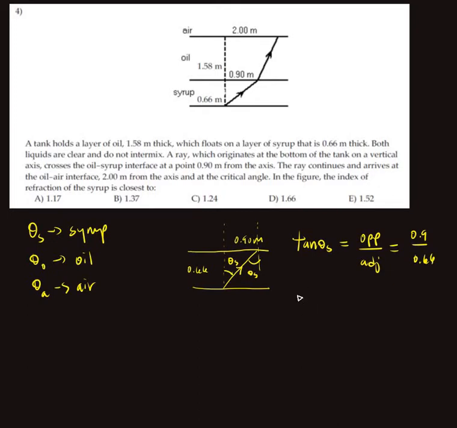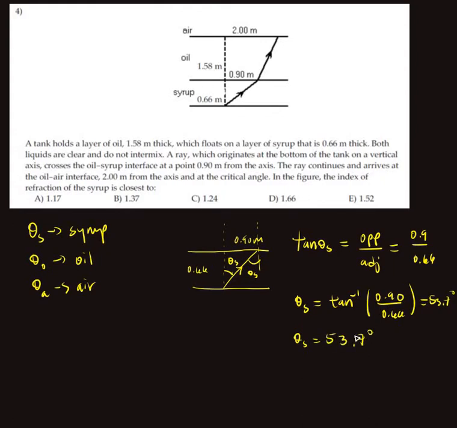So in order to find the angle, you use tangent inverse of 0.90. Oh, it's 90, I'm sorry, divided by 66, 0.66. And if you do that, your answer is going to be 53.7 degrees. Let's put it here: 53.7 degrees.